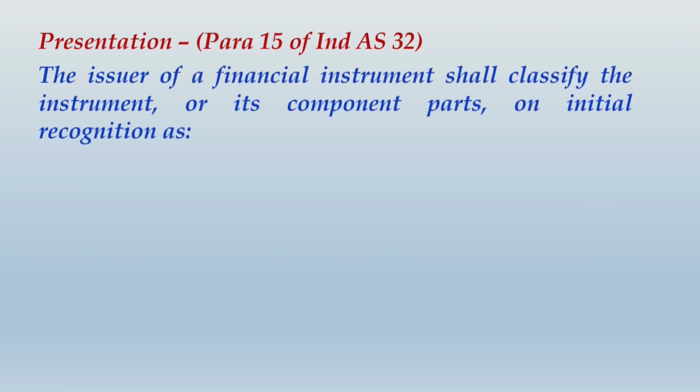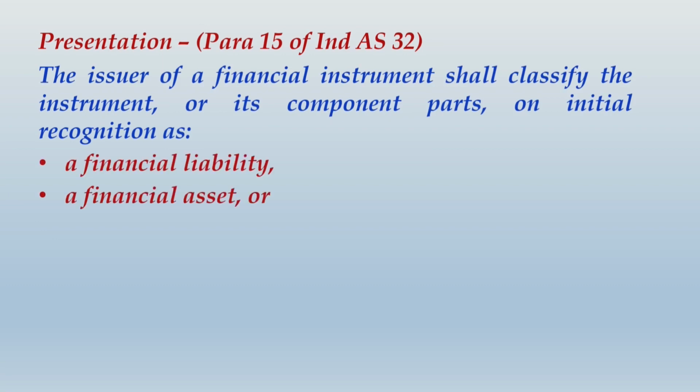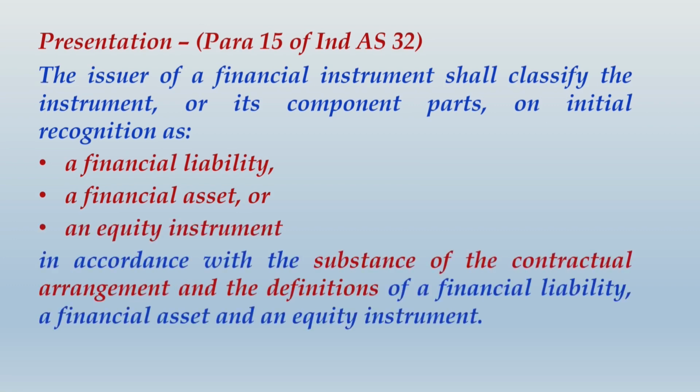The issuer of a financial instrument shall classify the instrument or its component parts on initial recognition as a financial liability, a financial asset, or an equity instrument in accordance with the substance of the contractual arrangement and the definitions of financial liability, financial asset, and equity instrument. Please write this important content and then I'll begin with the explanation.